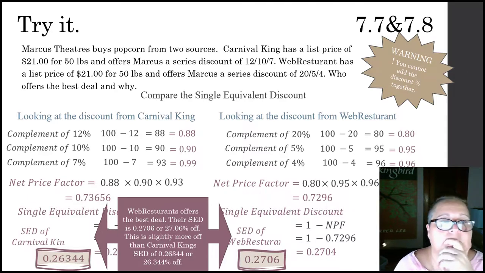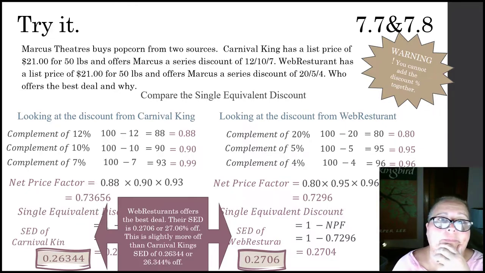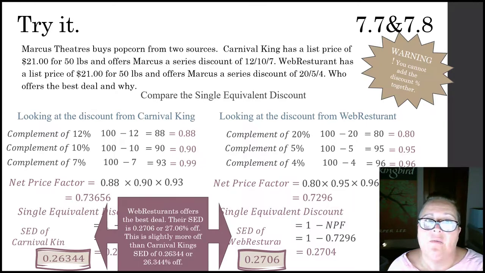Now, you can do this same problem if you look at your net price factor. Net price factor is the percent you have to pay, right? So the net price factor for Carnival King is about 73.6%. So for Carnival King, you end up paying just over 73% of the $21.